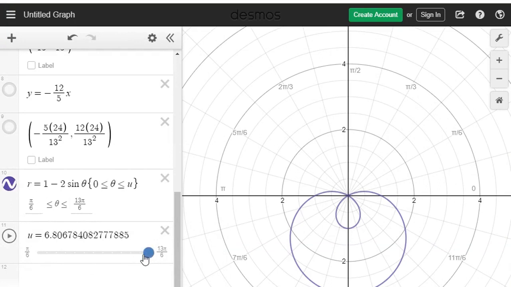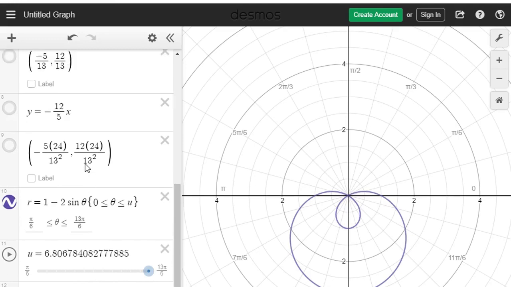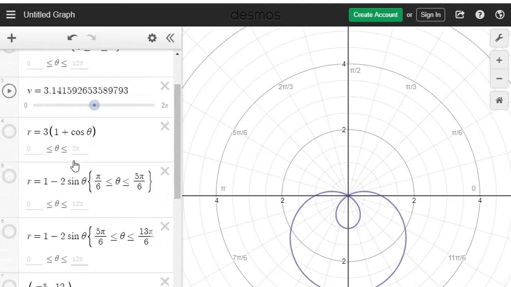I could go from 0 to 2 pi, but the problem asks us to color things a little differently based on whether it is pi over 6 to 5 pi over 6, or 5 pi over 6 to 13 pi over 6. Notice that from pi over 6 to 5 pi over 6, we get the little loop, and then we get the outer part otherwise.